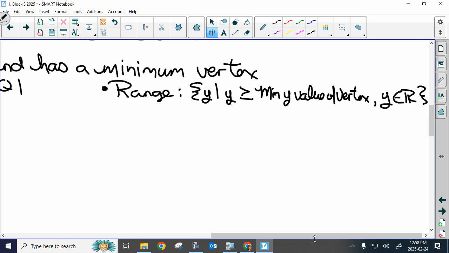You're going to use the greater than or equal to symbol. This symbol is always going to be used when a is greater than 0. You're going to say y is greater than or equal to, because it's going to go up from there. You're going to have a minimum value.